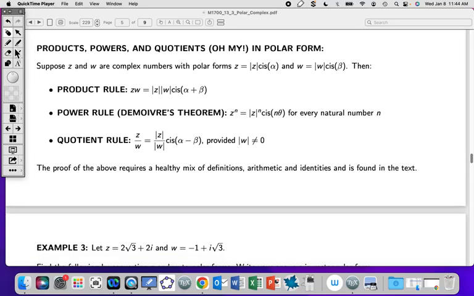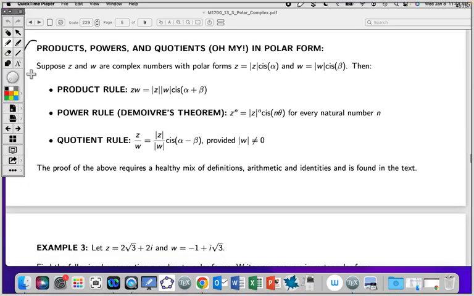All right, so here's where a lot of the advantage to working in polar form comes into play. And as I mentioned, there are properties of the modulus and argument that we skipped over that will be very apparent when we start working these sorts of problems. So suppose you've got z and w, complex numbers, and you've got their polar forms, modulus cis theta.